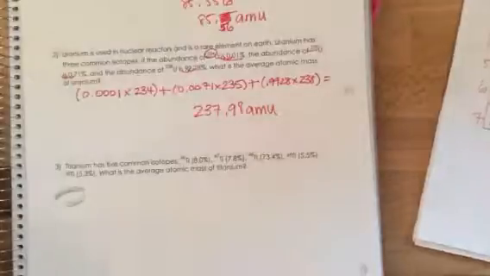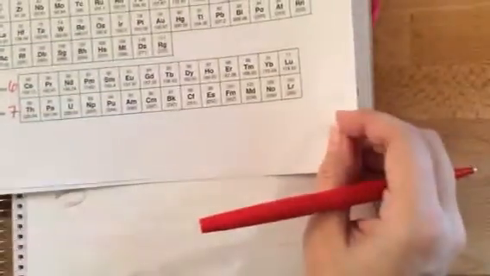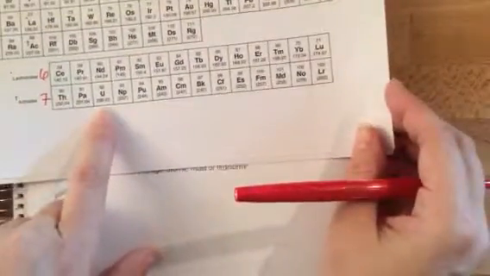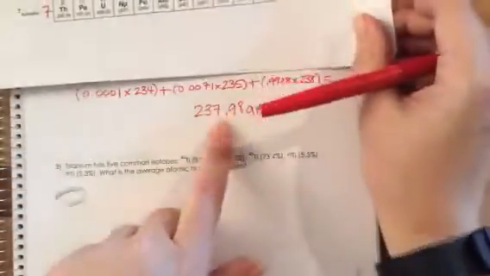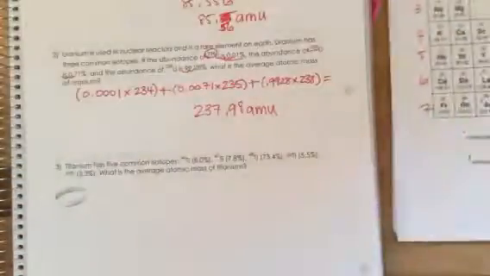We want to check our answer just to see if we're close. Uranium is down here on the periodic table, 238.03. That's very close to that answer, so that's a very plausible answer.